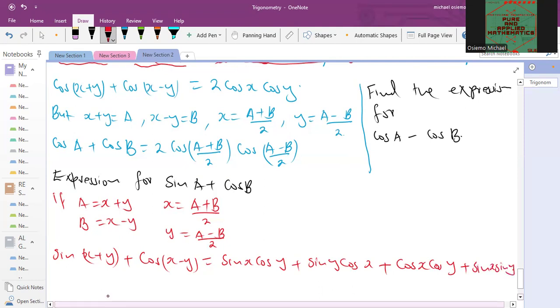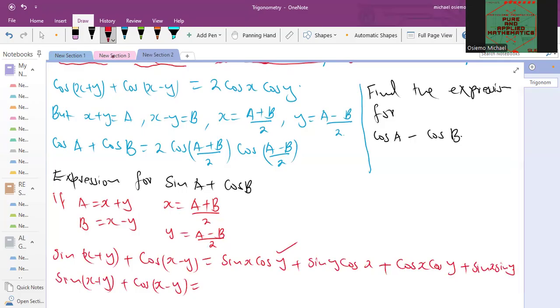So if you put the right terms together, what do you get? Sin(x plus y) plus cos y cos x plus cos(x minus y) should be equal to sin x cos y. Do you have any other? You don't have any other, so it's going to remain the same way it is.